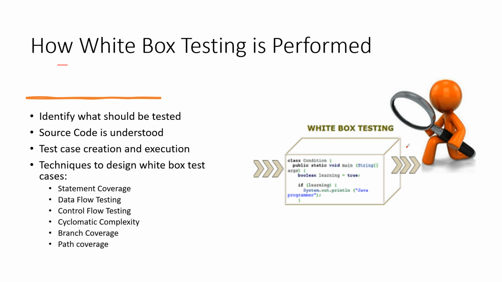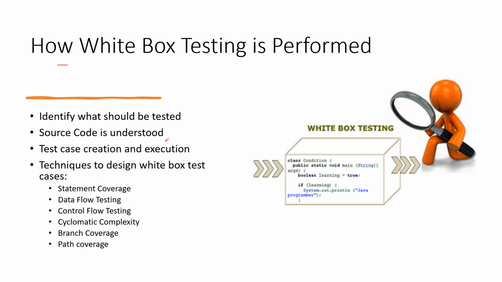What is the code basically about? That should be identified and the source code should be understood. Actually, if I develop a code, I will not be testing it. If I have developed one and Pratibha has developed one and Raghunath has developed one and Kiran has developed one, obviously we'll be swapping our code with each other and doing our white box testing.